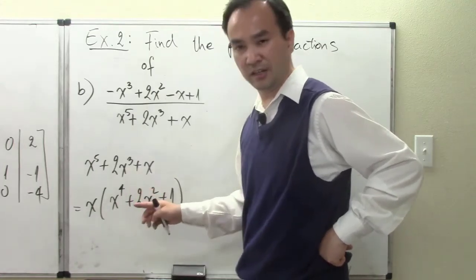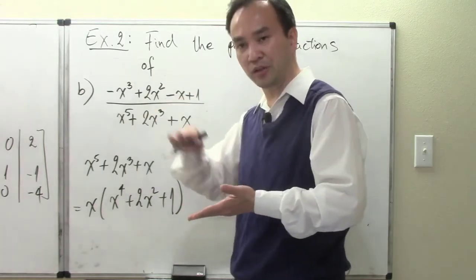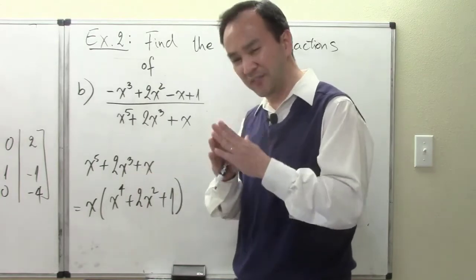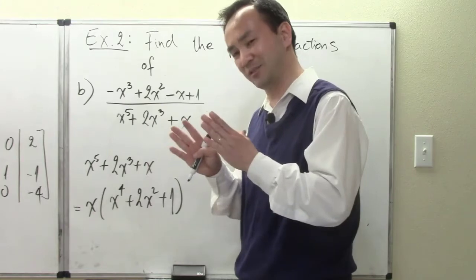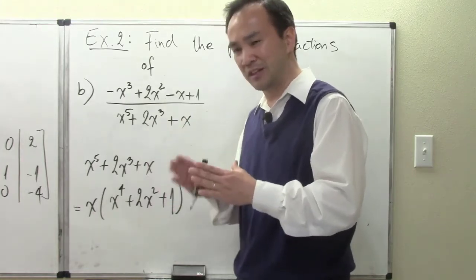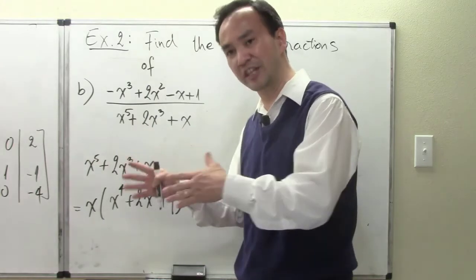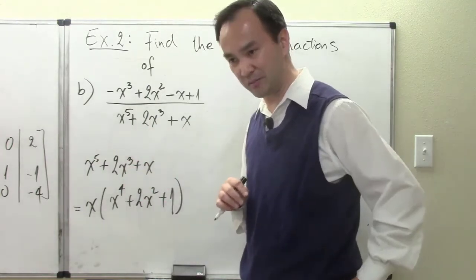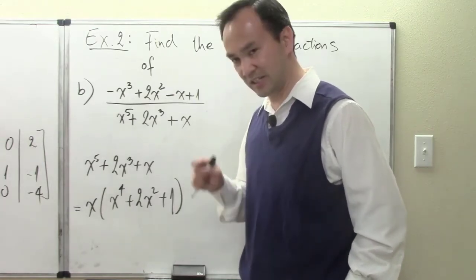You only reach an irreducible factor at degree 2 or linear. I lied a little bit, because even among degree 2, some quadratics are factorable and some quadratics are irreducible. That's why we have to mention the name, the irreducible quadratic, but linear is definitely irreducible, because it's already the dead end.